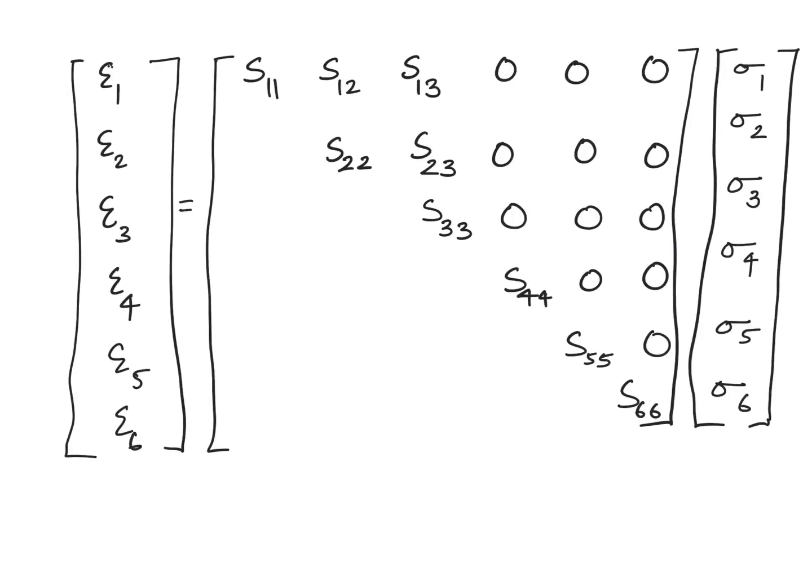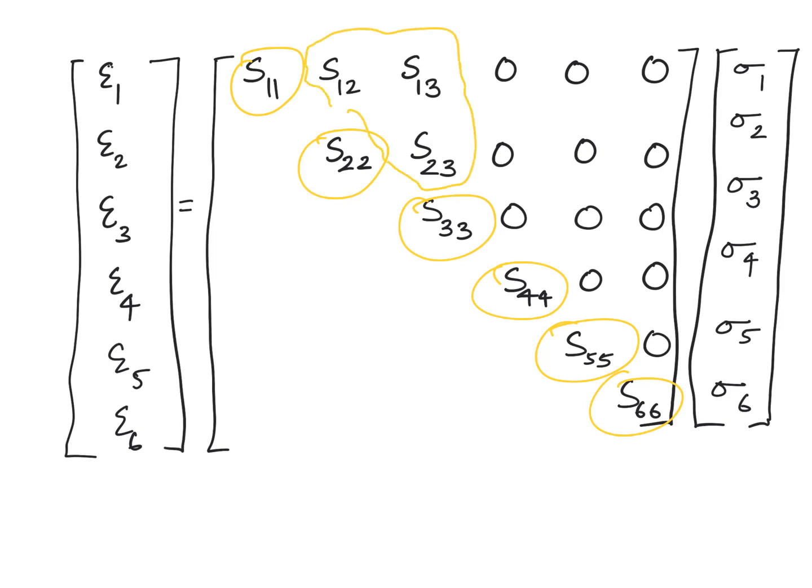So we started off with a matrix like this. We know the physical relevance of S11, S22, S33, S44, S55, S66. Now for an orthotropic material, we are left with these 3. How can we relate them to engineering constants that we can physically appreciate? Let's have a look.